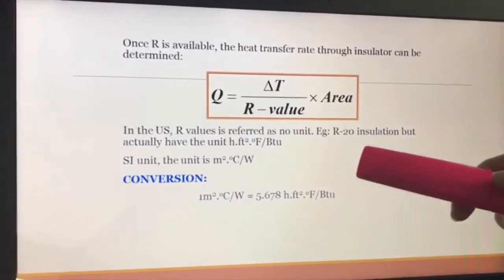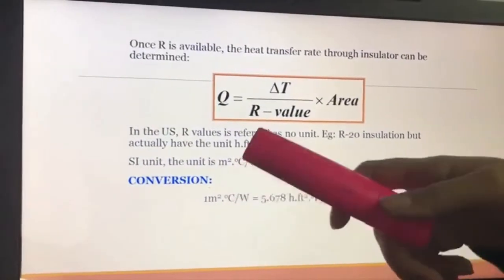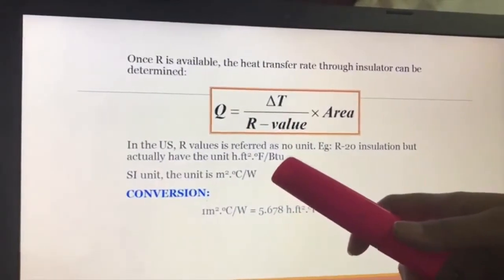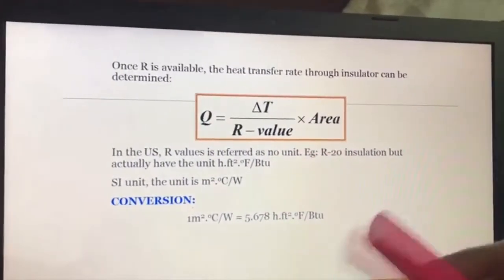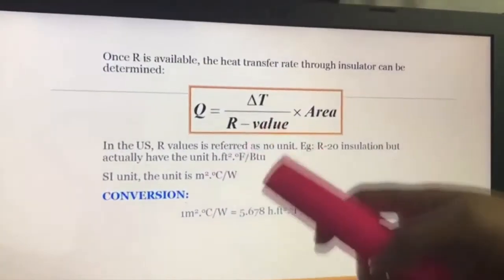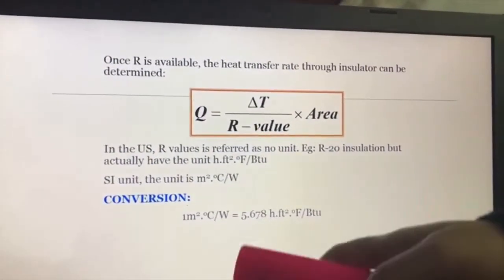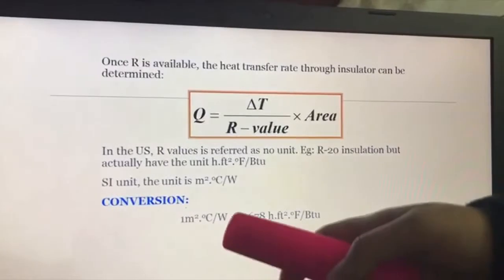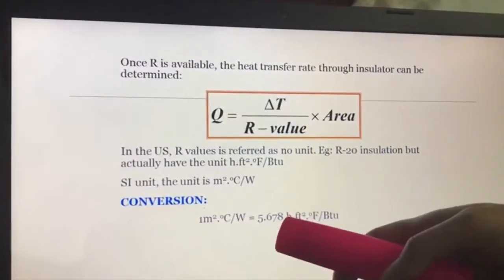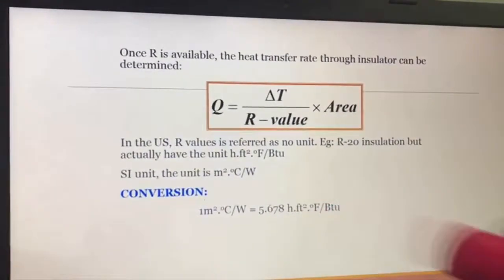An example, R20 insulation, but actually it has the unit h feet square F over BTU. So for SI unit, the unit is meter square Celsius over W. Okay, for the conversion, 1 meter squared Celsius over W is equal to 5.678 h feet to the power of 2 F over BTU.